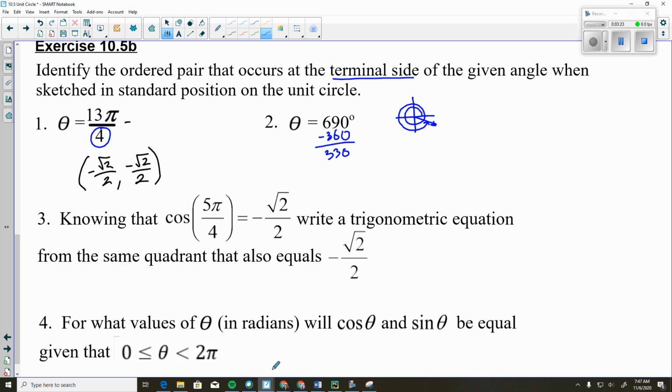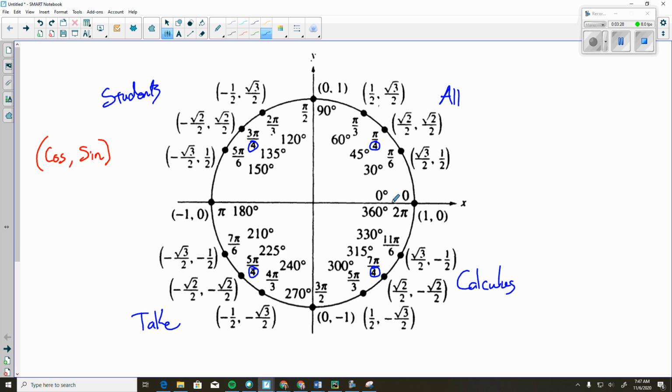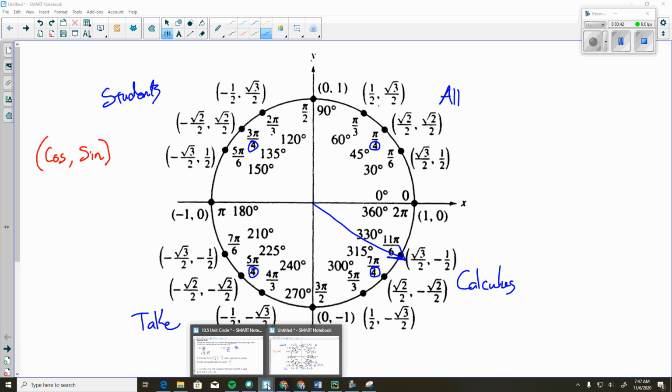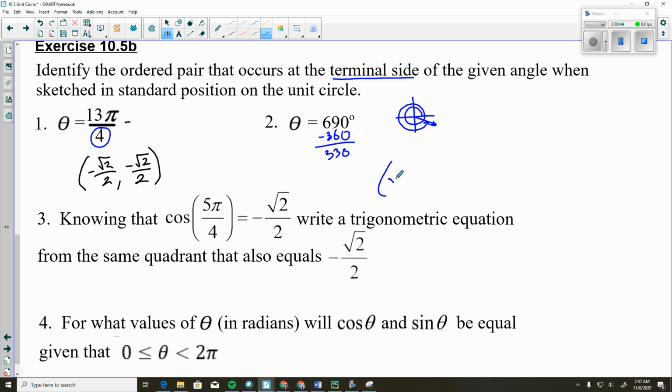Let's check this on the unit circle. If I do a full rotation around and then go 330 more degrees, my terminal side is going to land right there. That's the coordinate point, the ordered pair at that terminal side. So √3 divided by 2, comma -1/2. That would be my answer.